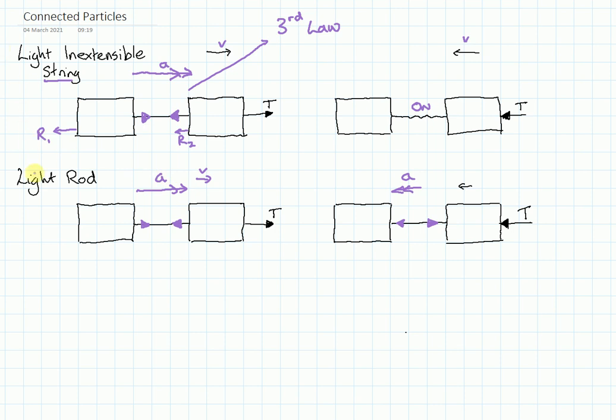Where's my pen gone? There we go. So light means no mass, so it doesn't actually affect the system itself. It doesn't apply any forces itself. The inextensible means that when you put something under tension, the force is immediately transferred.